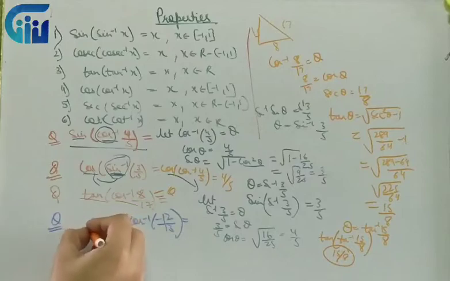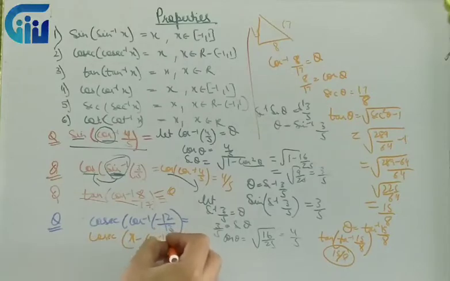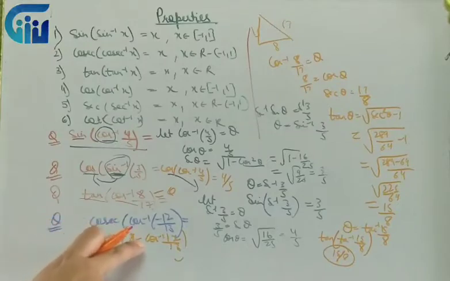So what I will write, I know if we have minus sign with cos, this can be written as pi minus cos inverse of 12 by 13, right? So then what I will do is pi minus cos inverse of 12 by 13. How can I write it further? Cosec 180 minus theta.